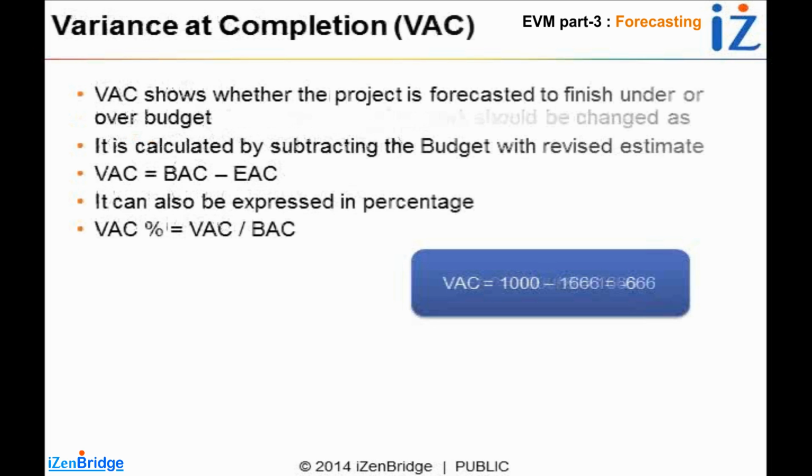Sometimes I find test takers getting confused between rebaselining and estimate at completion. If your question says that there were some issues, management has looked into it and they have rebaselined the project, it means that you have a new budget at completion. It does not mean that you have an EAC, it means that you have a new BAC.